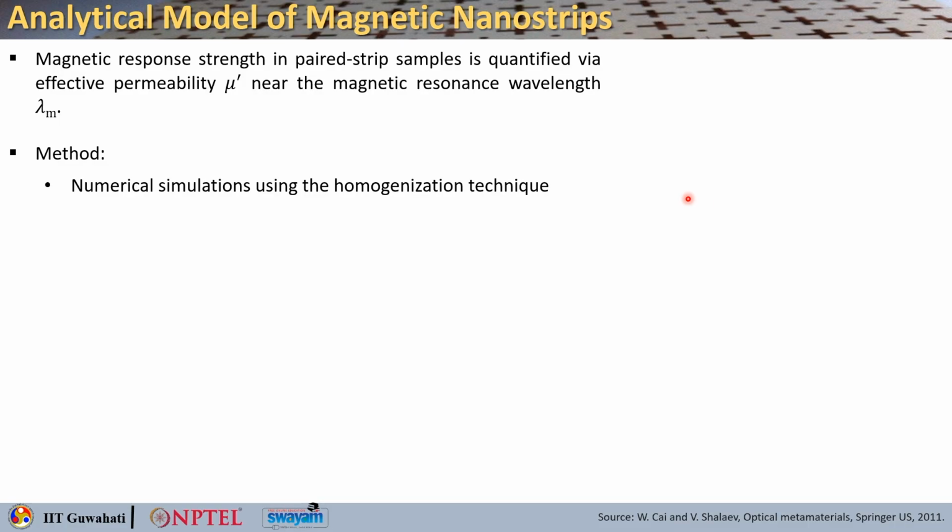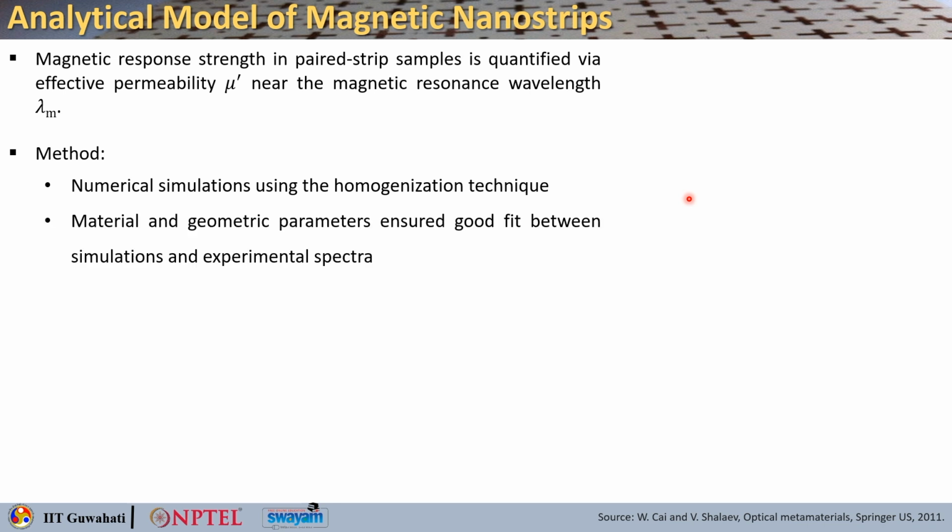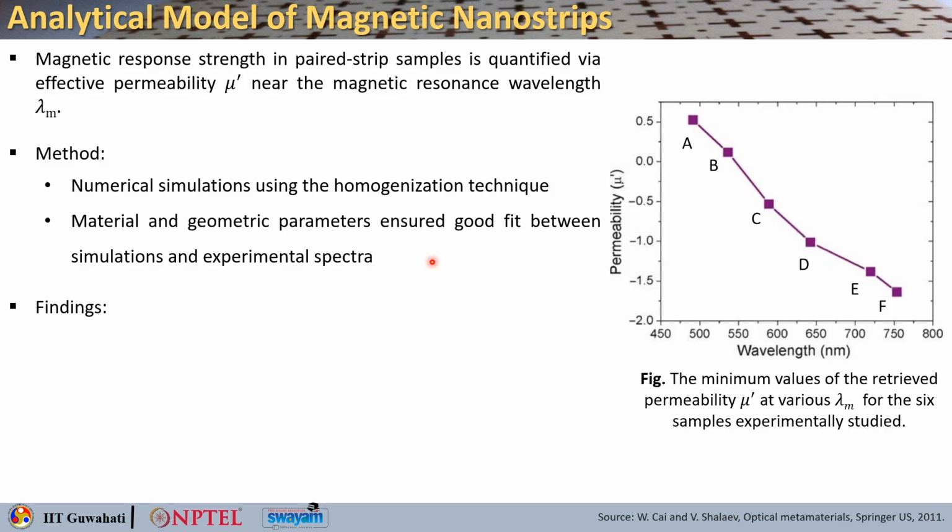The effective permeability was retrieved using numerical simulations through homogenization technique. For each sample, the material property and the geometrical parameters used in the retrieval process guarantee good agreement between the simulation and the experimental broadband spectrum. So, here are the findings.